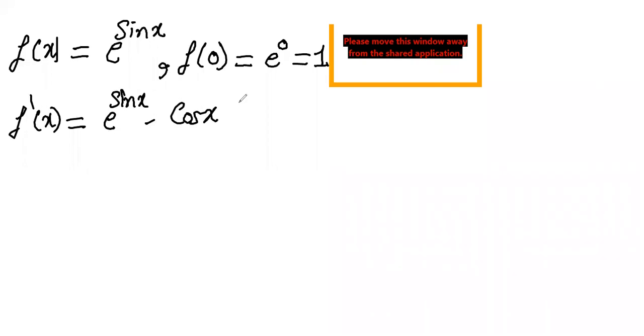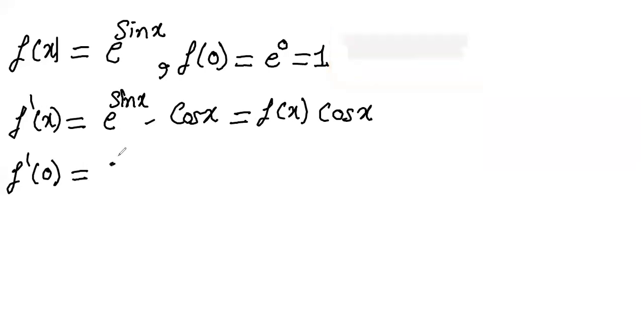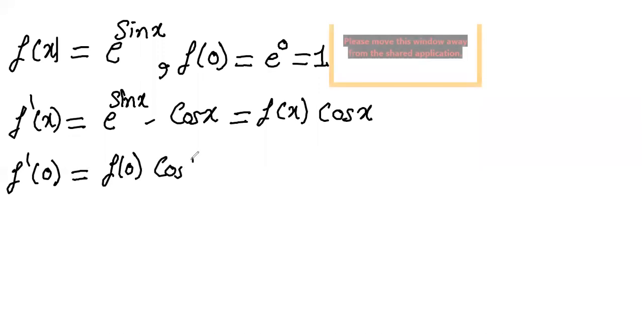So I can write e raised to sin x is equal to f of x, so f of x into cos x. First of all, f dash 0 is f0 into cos 0. So both are 1. So f dash 0 is also 1.